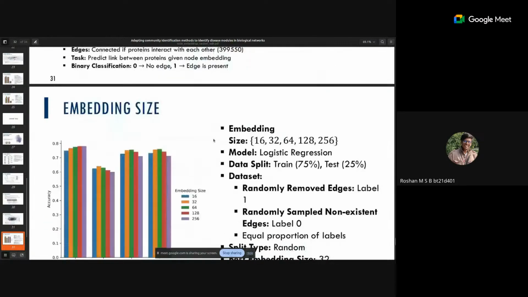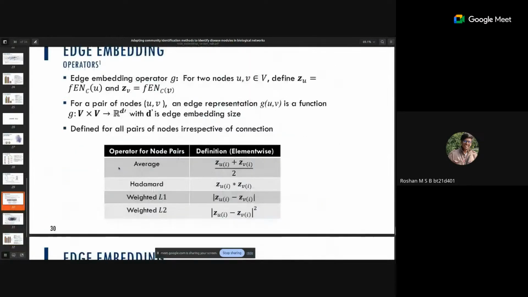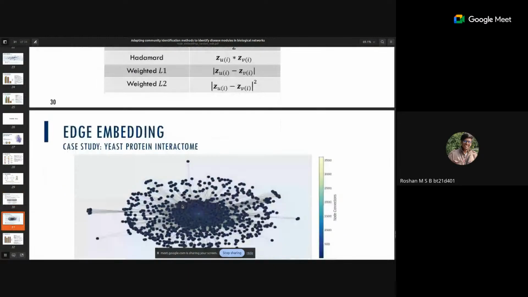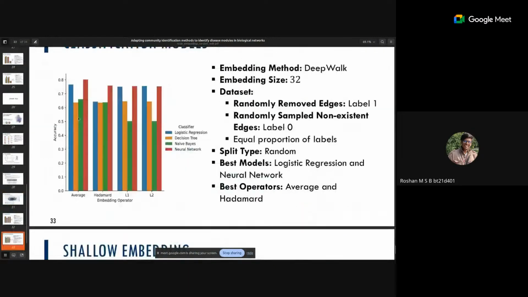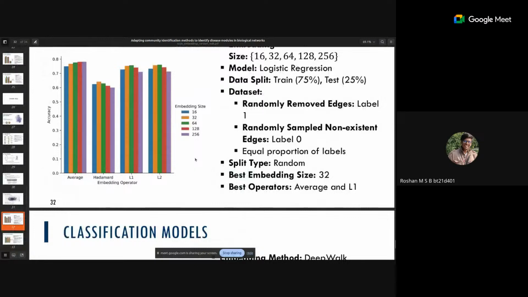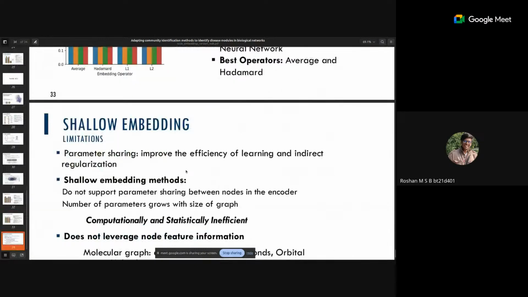These are simpler approaches; there are more complex approaches than just taking the average, weighted L1, weighted L2, and so on. And again, we have done a comparison between the embedding size, the downstream model, and so on.